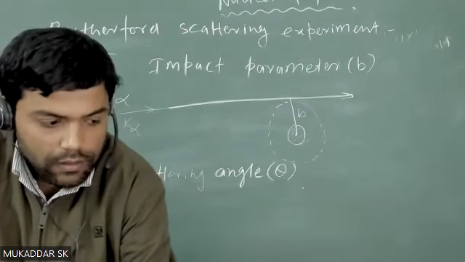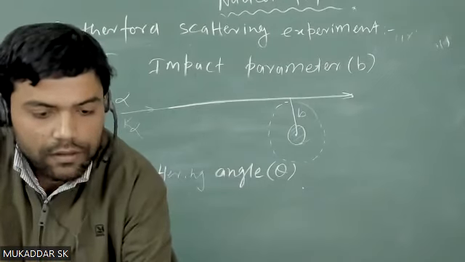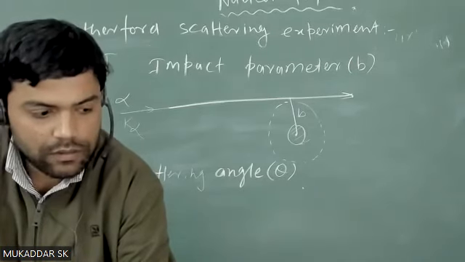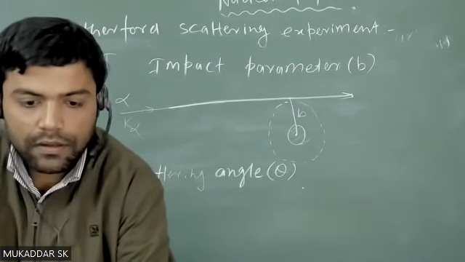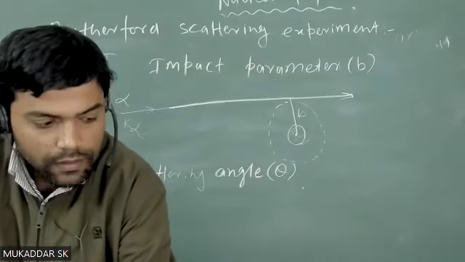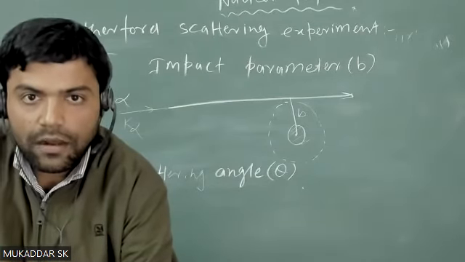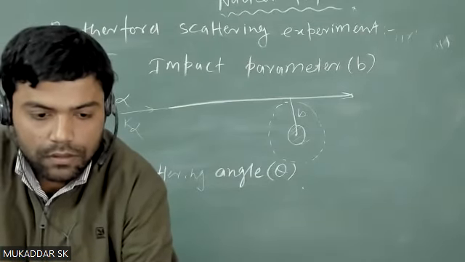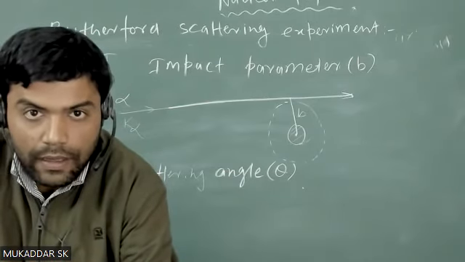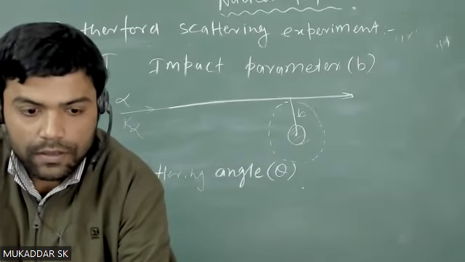Exactly, I'll repeat. The scattering angle is defined as the angle between the direction of incident alpha particle and the asymptotic line of departed alpha particle.